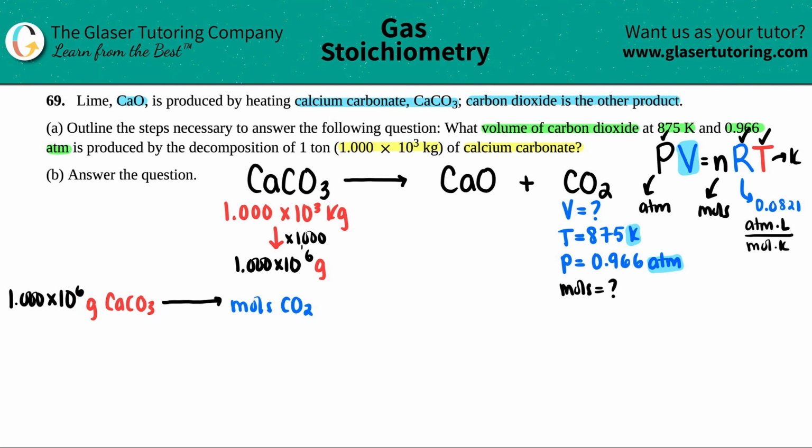So I have to first convert grams of CaCO3 to moles of CaCO3, and then from there I could finally get my moles of CO2. So let's go for it. 1.000 times 10 to the 6th, and that's grams of CaCO3.